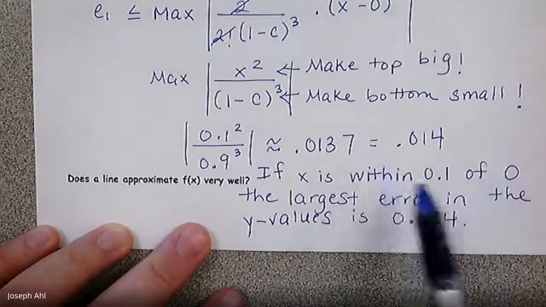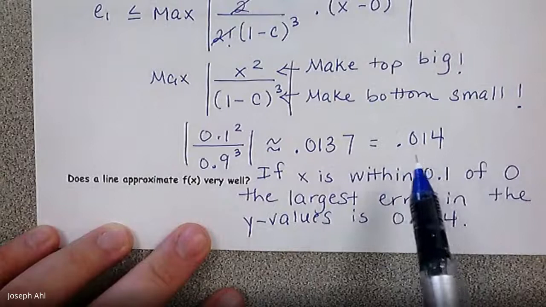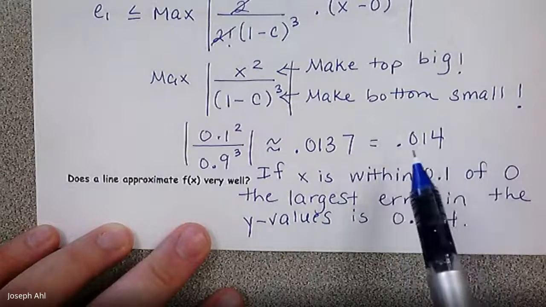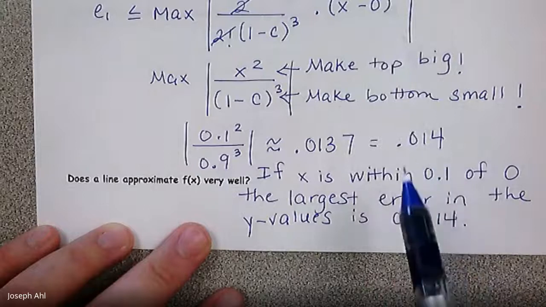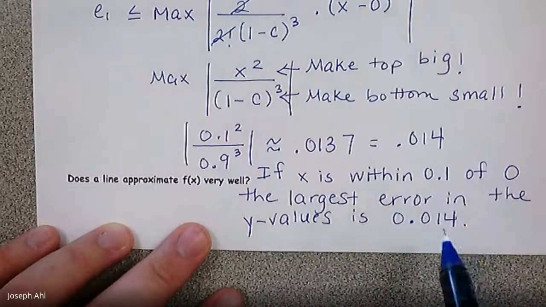So that's what we're talking about when we get this maximum error here. The largest possible error we'll see using our linear approximation, if we want to be within 0.1 of 0, is 0.014 for the difference in our y values, which seems pretty good to me.